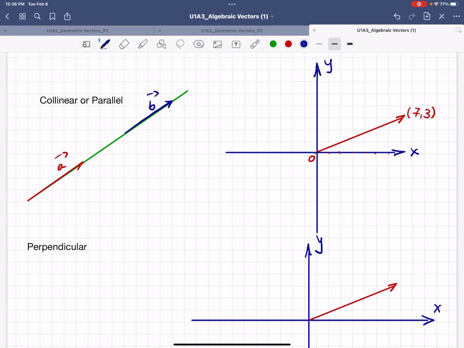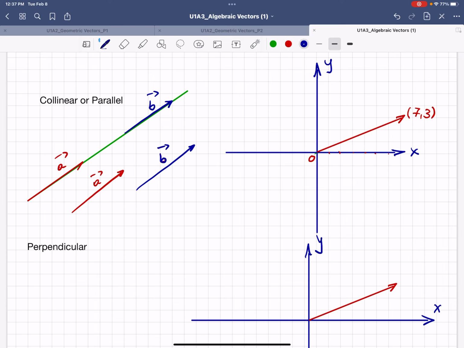Also, two vectors can be parallel. So for example, you have this vector A here and this vector B. Remember that we can shift the vectors on the plane in any way we wish, as long as we do not change the direction. So as you can see here, these two vectors, A and B, are parallel to each other.